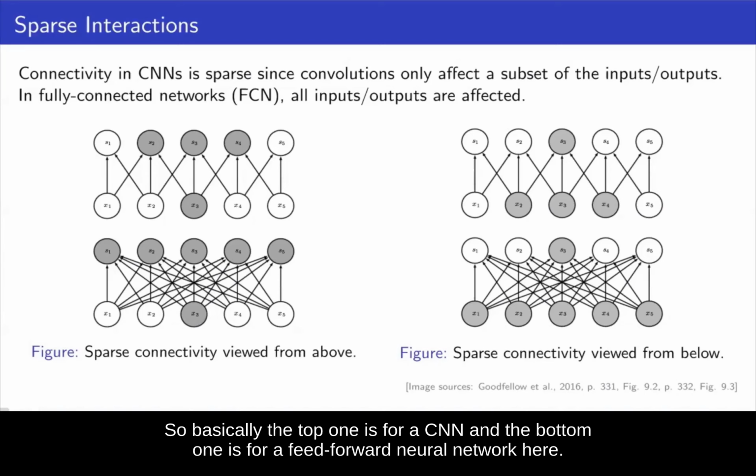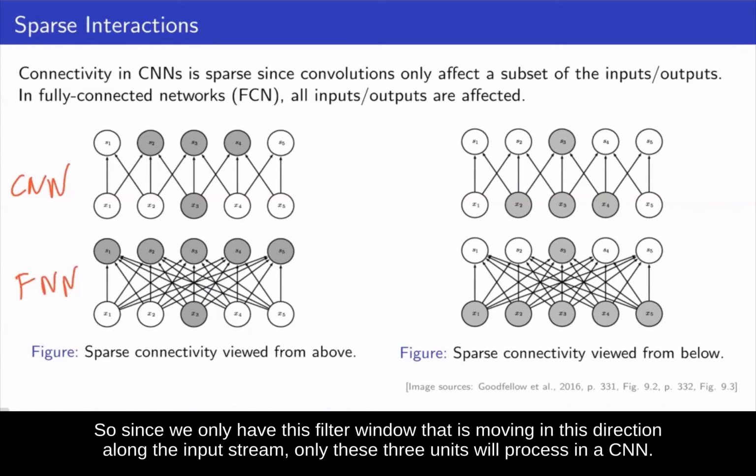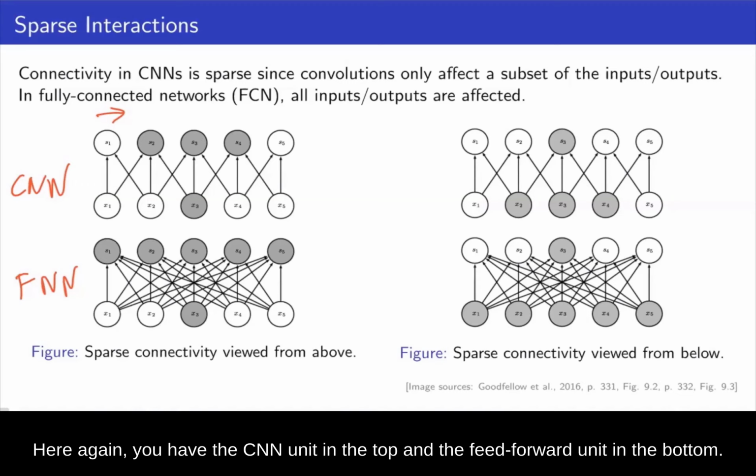So the top one is for a CNN, and the bottom one is for a feed-forward neural network. Since we only have this filter window that is moving along the input stream, only these three units will process in a CNN. Here again, you have the CNN unit on the top and the feed-forward unit on the bottom.